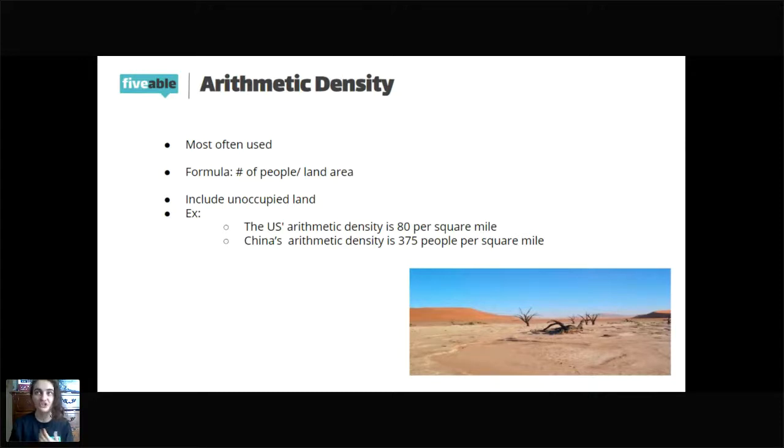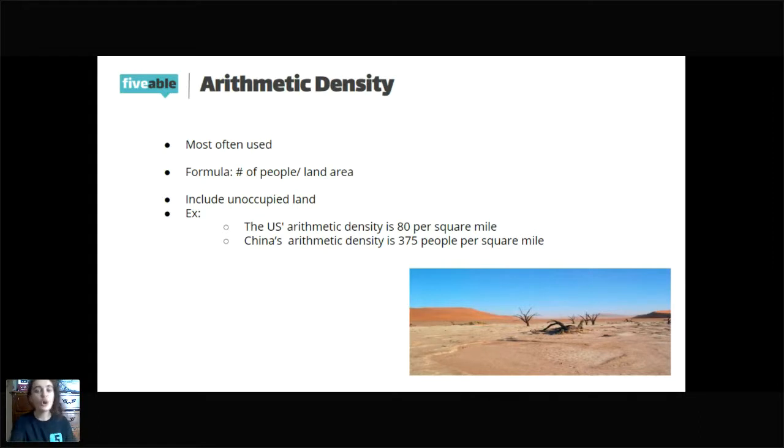If the country has a lot of desert in it, nobody really lives in the desert, but that's still calculated as the area of the land. So it doesn't really give an accurate representation of how people are living or clustered. It might be inaccurate because it includes land where people do not live.